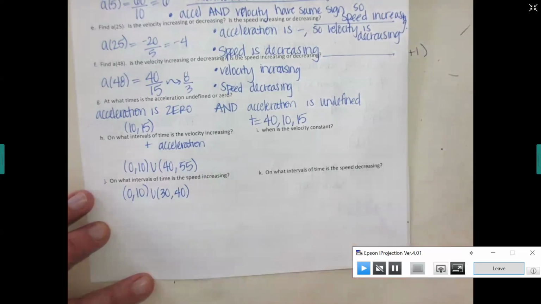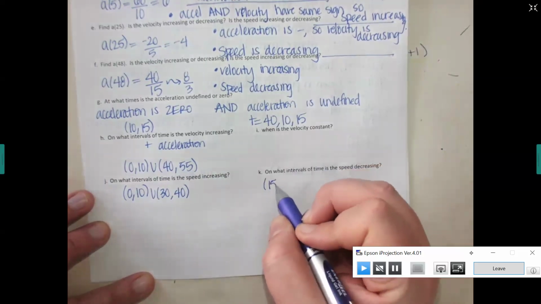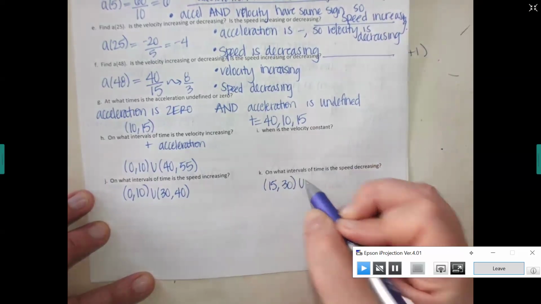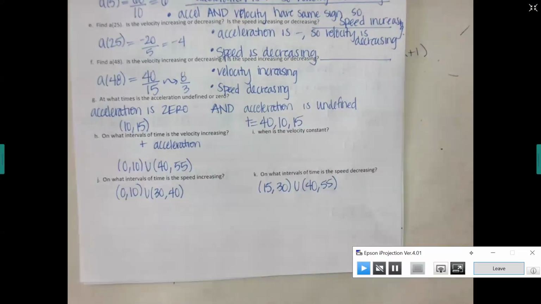Then speed would be decreasing from 15 to 30, and also from 40 to 55. The one that I skipped is that your velocity will be constant when you're not accelerating. So what acceleration would you want for your velocity to stay constant? 0.